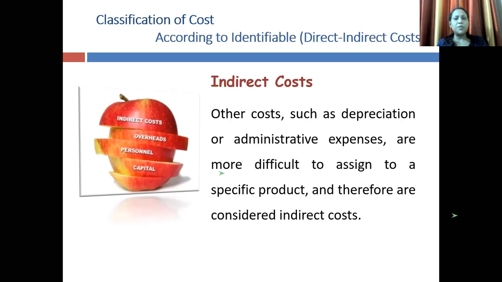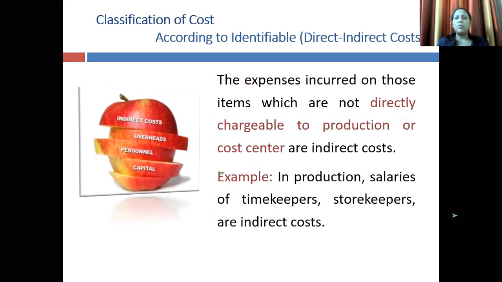That is actually depreciation cost. So these all are in the category of indirect cost, and the expenses incurred on those items which are not directly chargeable to production or cost center are indirect cost.